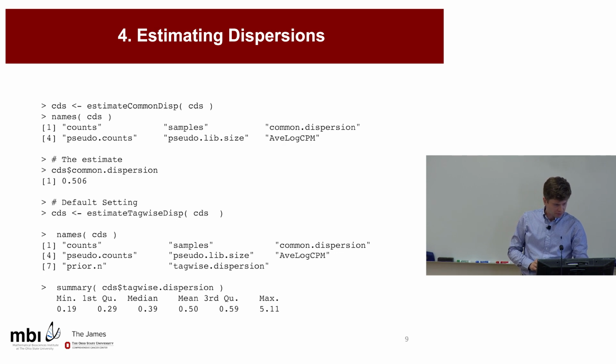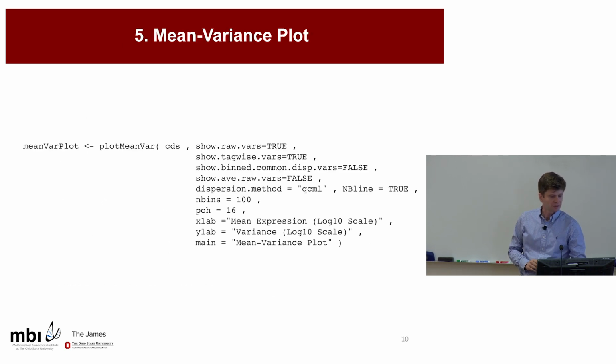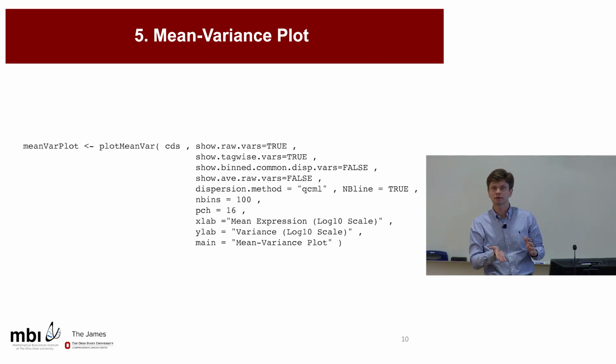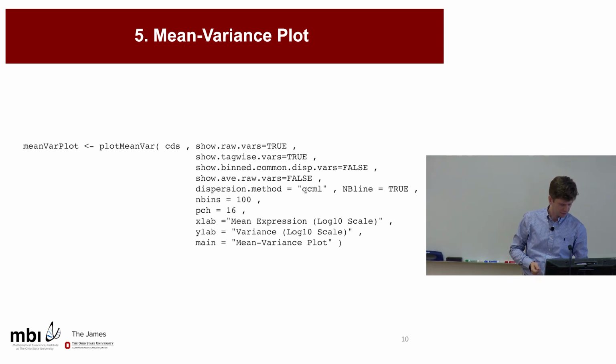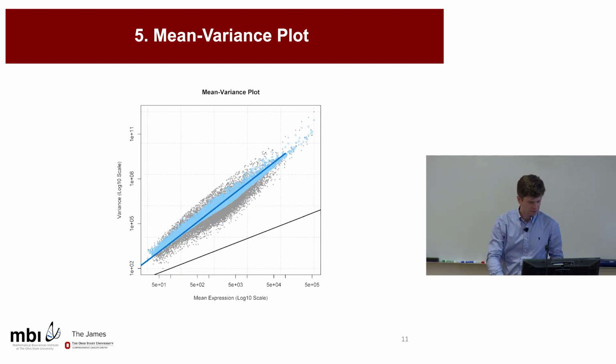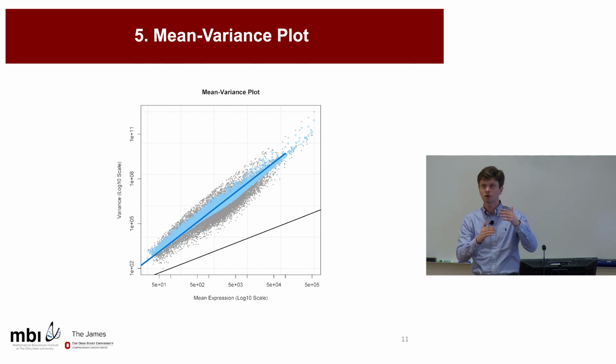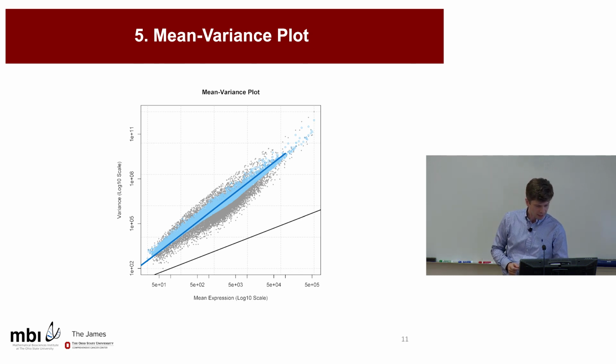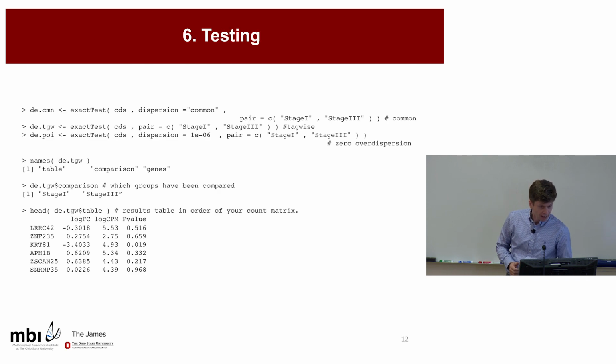The next step would be the mean variance plot. So you can compare the Poisson assumption with your actual data set. You should see something like this. This is the Poisson line, and this is the dispersion of your actual samples that you will be analyzing.